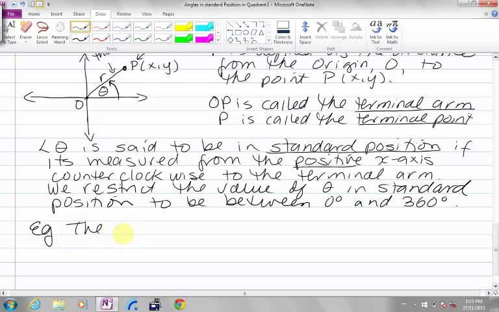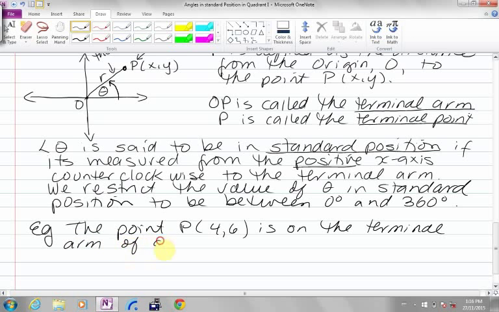So the point P, 4, 6, is on the terminal arm of an angle theta in standard position.